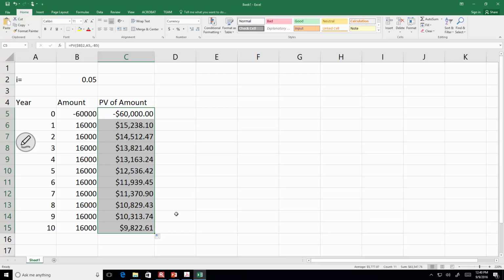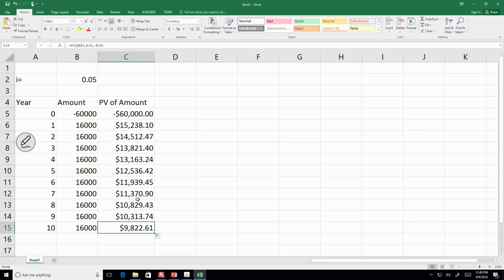And if I've formatted everything correctly, what it's doing is calculating the value of each of these different rows in present terms. And so the 16,000 that we get in year 10, in today's terms, is only worth 98.22.